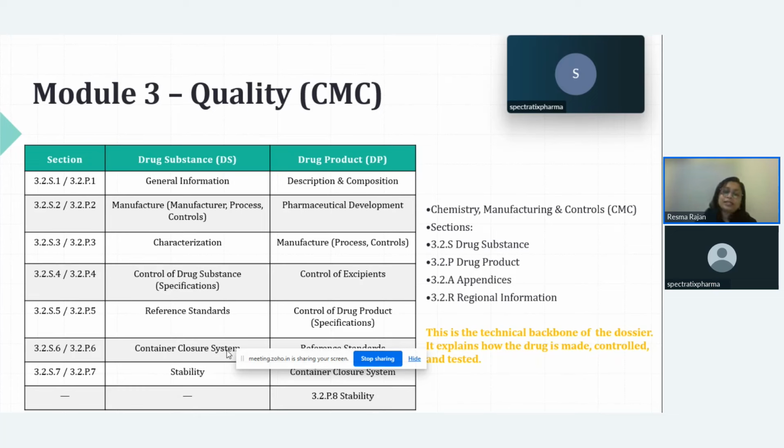If you're testing accelerated stability, you will keep your drug at 25 degrees Celsius. That is in the ICH guideline of stability. There is ICH Q1, which explains what the stability conditions shall be for different temperature zones. The whole world has been divided into different temperature zones: Zone 1, Zone 2, Zone 3, Zone 4, A and B.